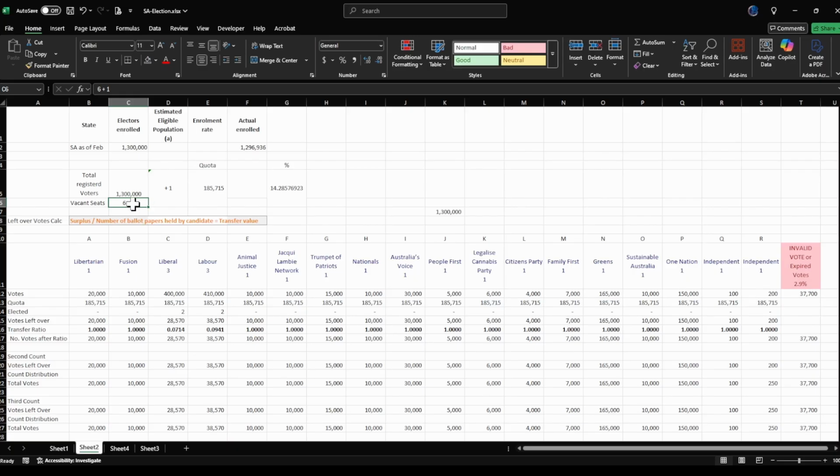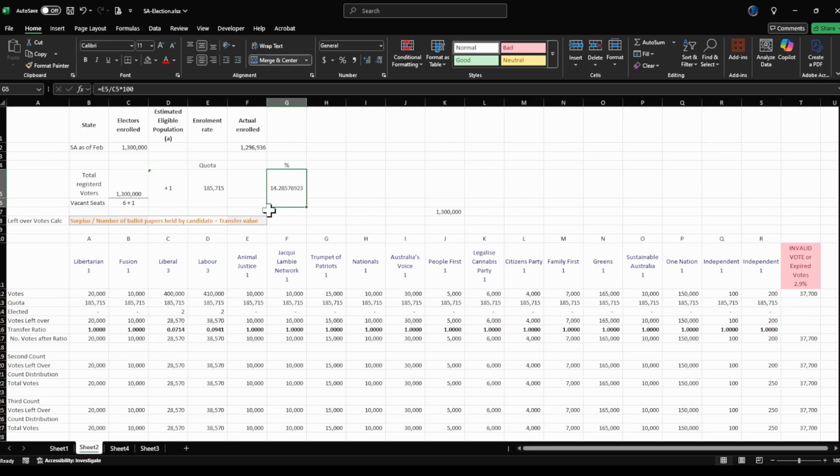They then divide that number into the 1.3 million, and whatever that number comes out at, they then add 1, which gives a winning quota in this case of 185,715, and that means that they need to get 14.285% of the vote to be able to actually win a quota.